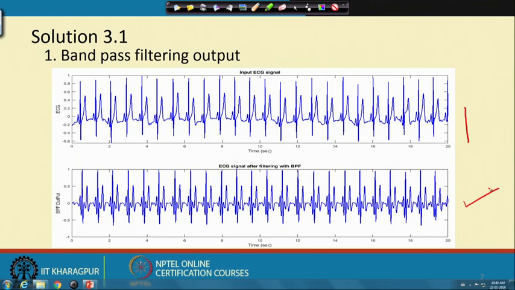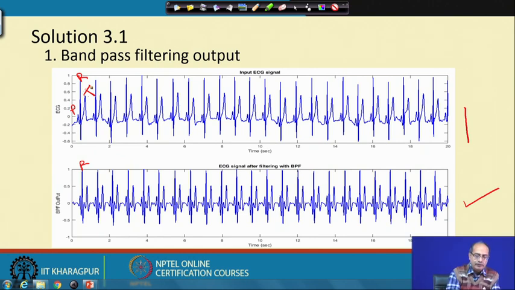What we notice in the band pass filter output is that here was the R, here was the P, here was the Q. Out of that, sorry, the last one, no, this is not the Q, this one would be the T signal. Okay. So, this T signal is the nearest to the R.